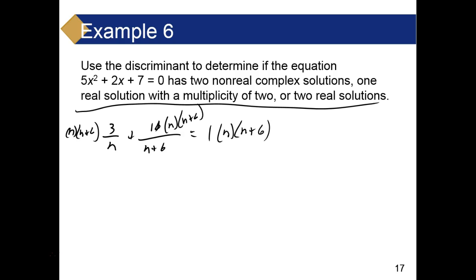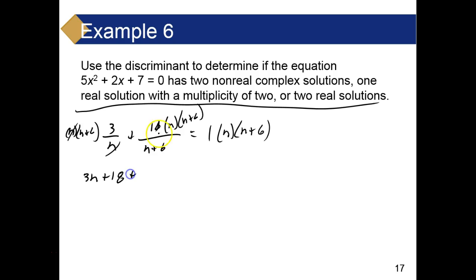What do you notice about that will simplify? n over n is equal to what? 1. So you can divide out the 1. Okay? So that leaves you for this first term, 3 times n plus 6, which would be 3n plus 18. Very good.